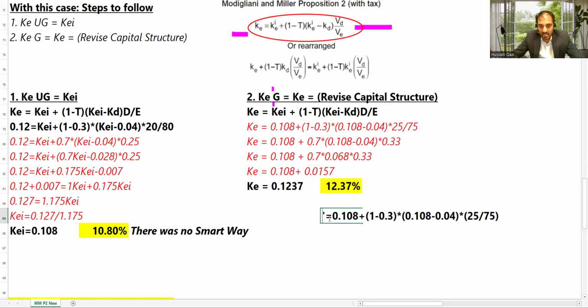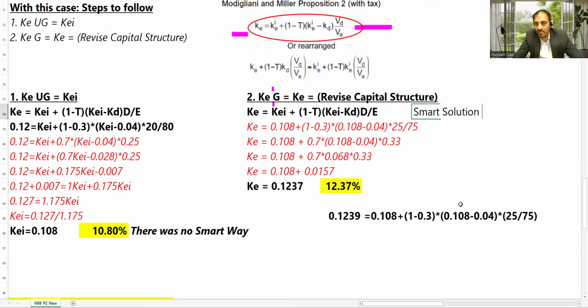Don't worry, this Excel file will be available to you. So here with this working, a smart solution is available. I'm not saying a shortcut, but a smart solution.